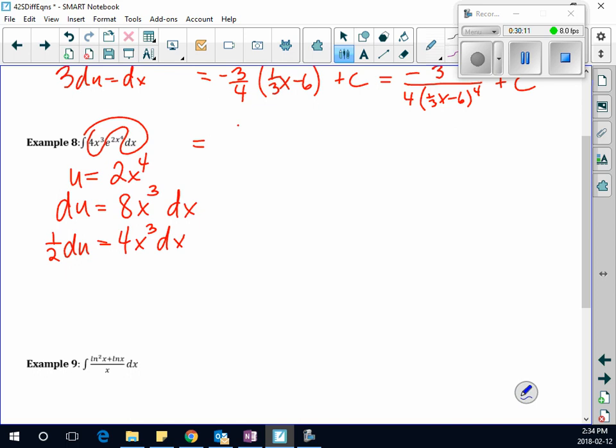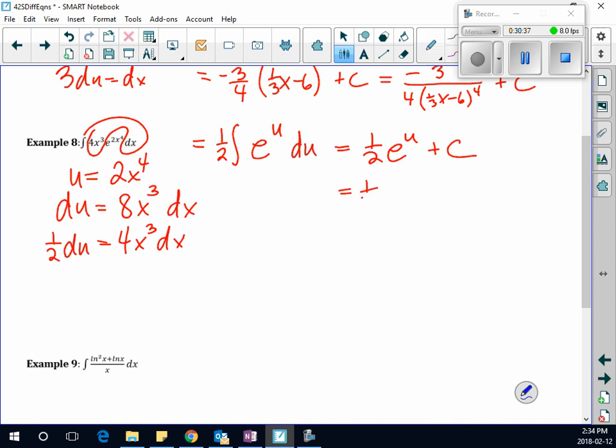So then this would be 1/2 the integral of e to the power u. And that's a pretty easy integral now, right? The antiderivative of e to the power u is just e to the power u. So this is 1/2 e to the power u plus c.